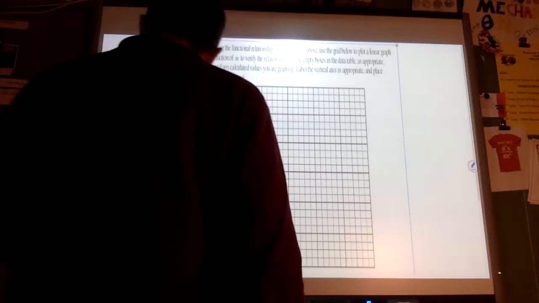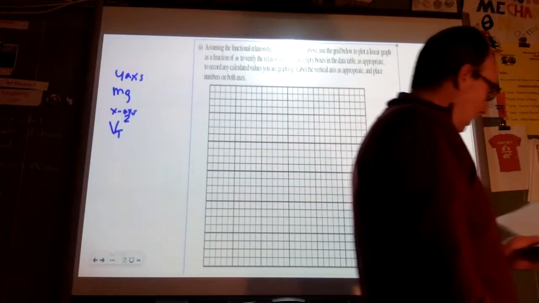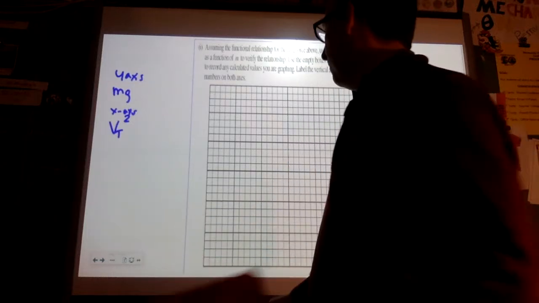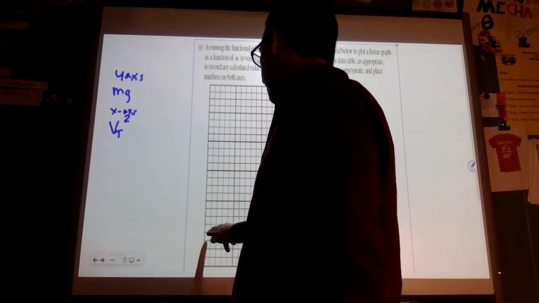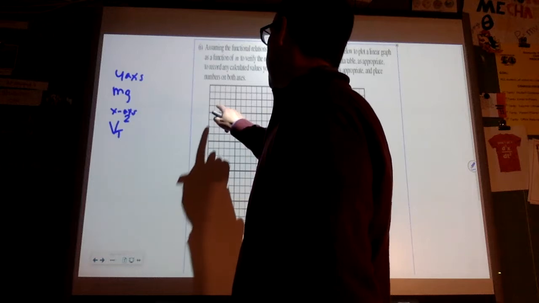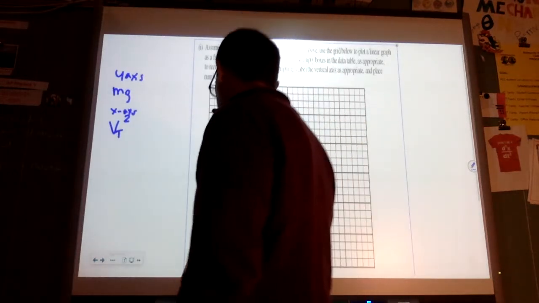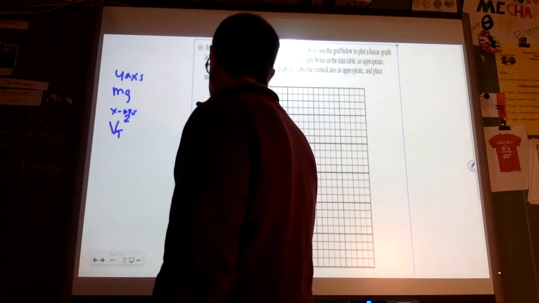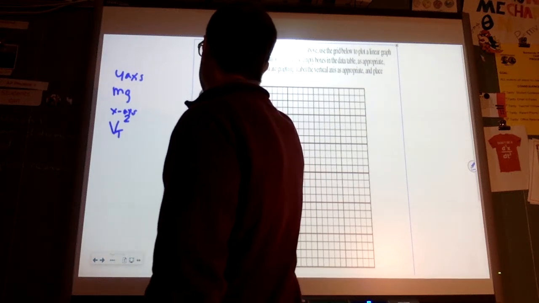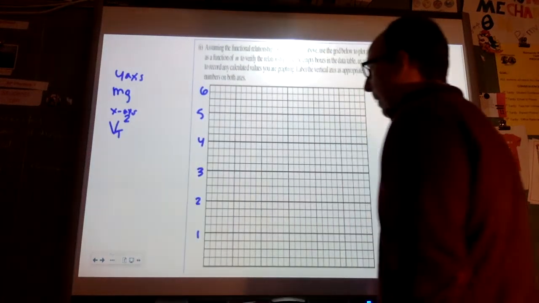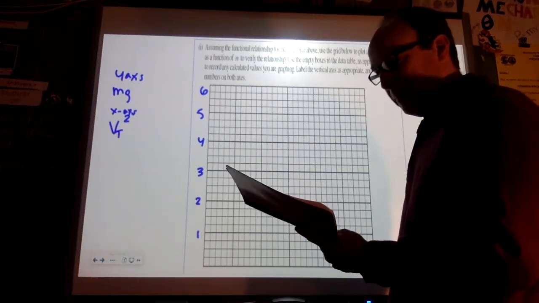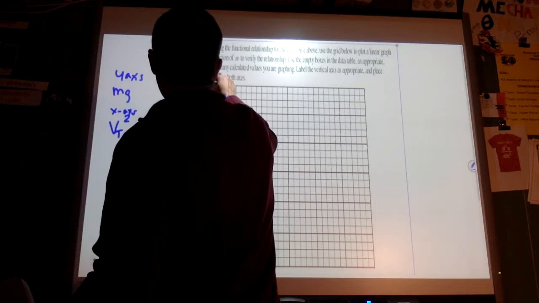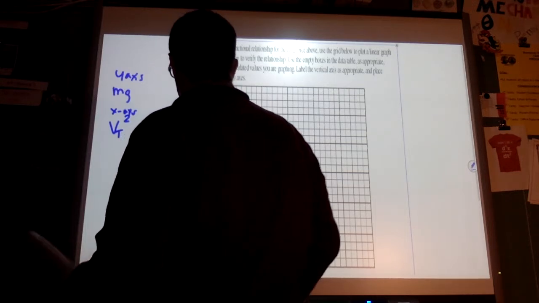All right, so my weights go from 1 up to a little bit more than 5. So if I make each one of these 1, 2, 3, 4, 5, 6, and then because it's times 10 to the negative second, up here I'm just going to put times 10 to the negative second.